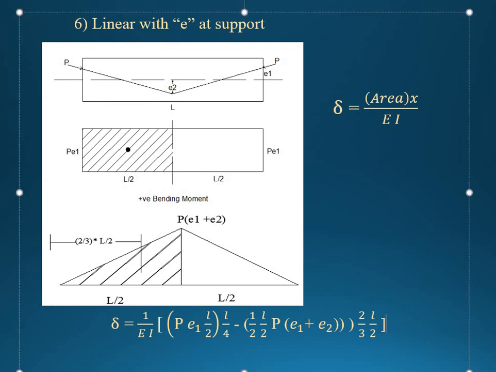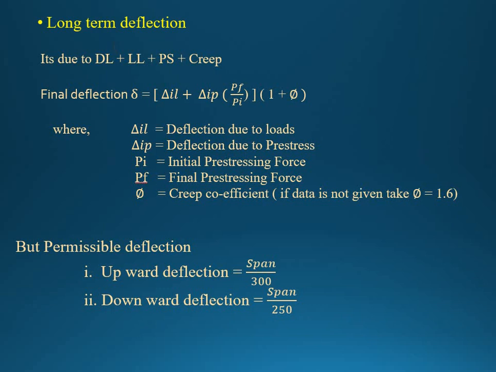Now the final case is long term deflection. As I said previously, we dealt with deflection due to live load, deflection due to dead load, and deflection due to pre-stress. Now the second one is long term deflection. This long term deflection occurs due to dead load, live load, as well as pre-stress plus creep.